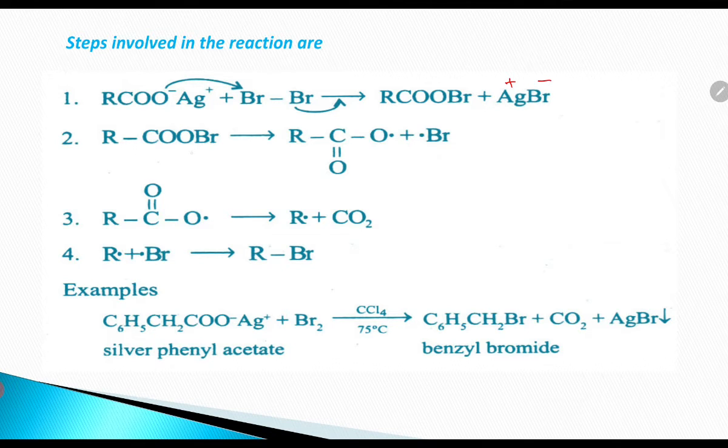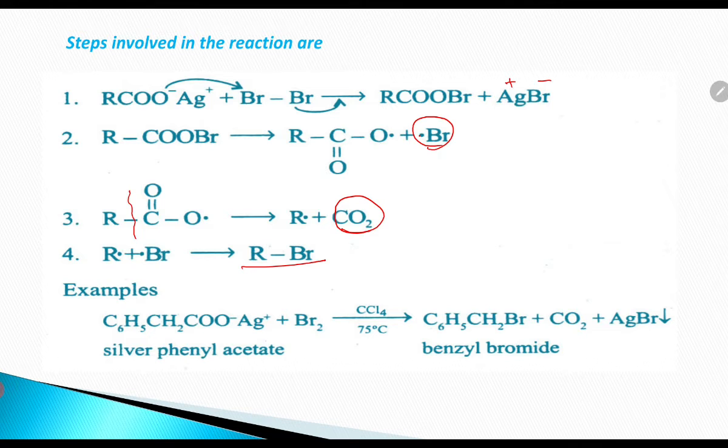This RCOOBr again undergoes cleavage and gives rise to a carboxyl radical and a Br radical. This carboxyl radical undergoes decarboxylation, CO2 is liberated and an alkyl radical is obtained. This alkyl radical reacts with the bromine radical and forms alkyl bromide as the product. In this way, decarboxylation occurs from the salts of carboxylic acid.